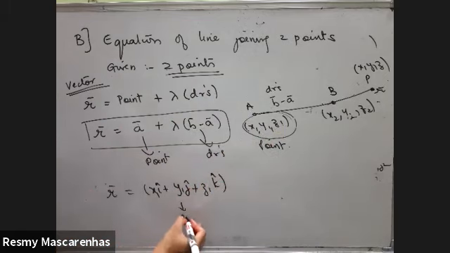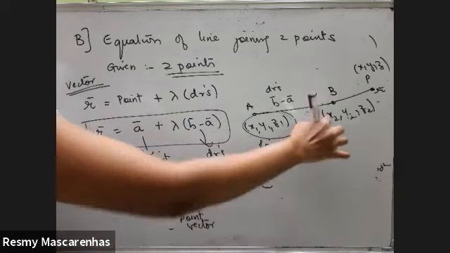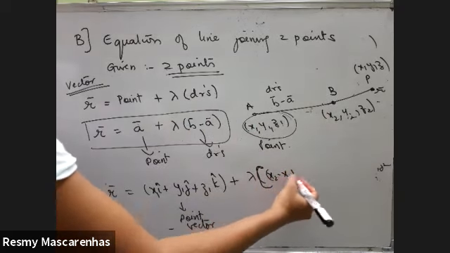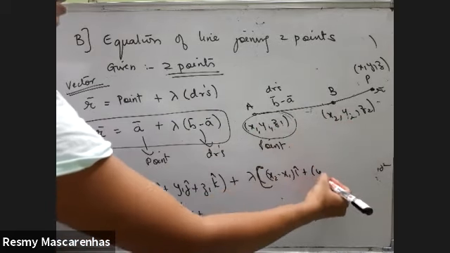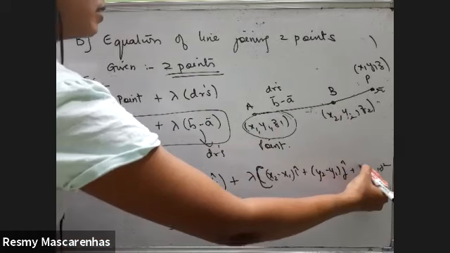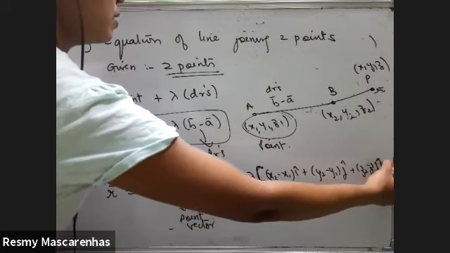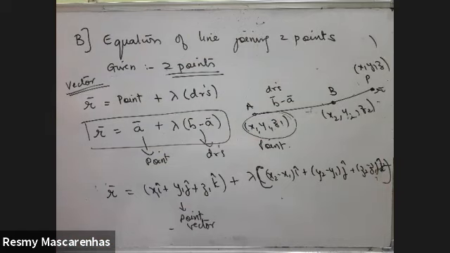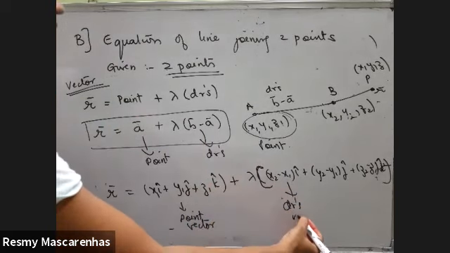So this is the point vector plus lambda times x2 minus x1 i cap, y2 minus y1 j cap and z2 minus z1 k cap. So this will be our answer. Has anyone not understood? Point vector and the direction ratios vector.